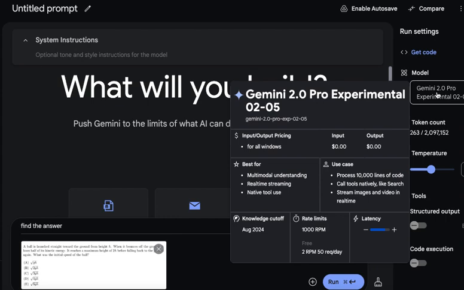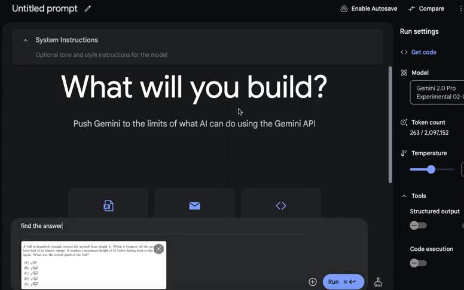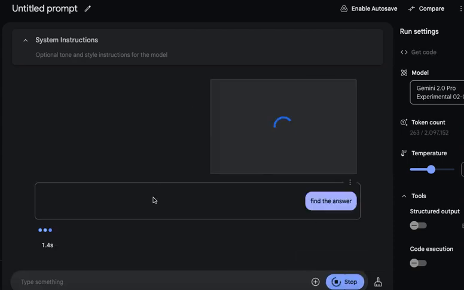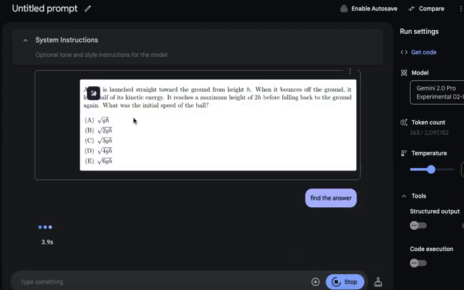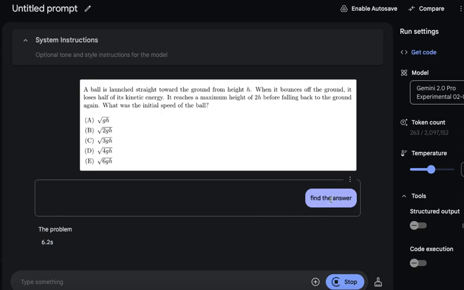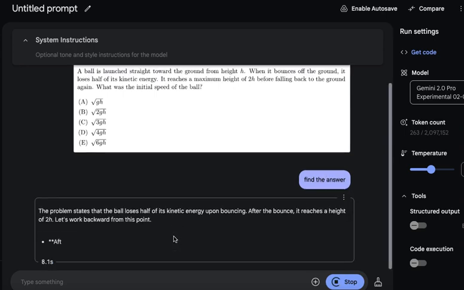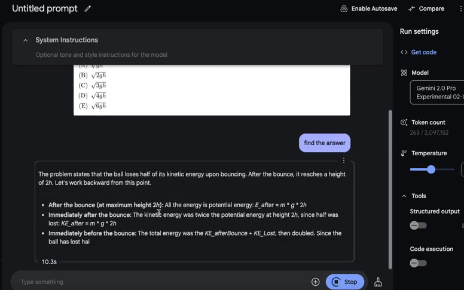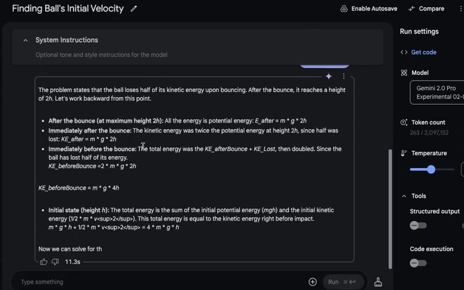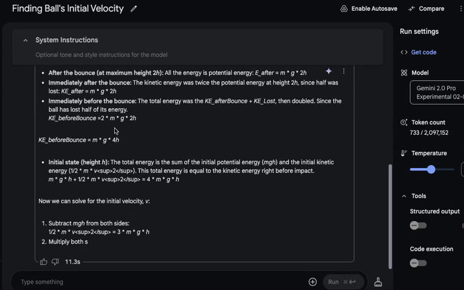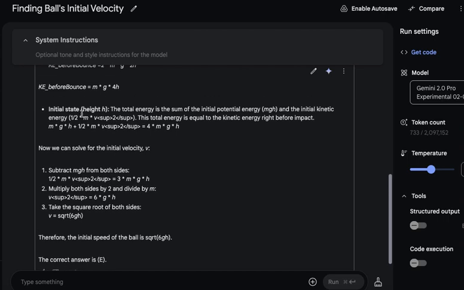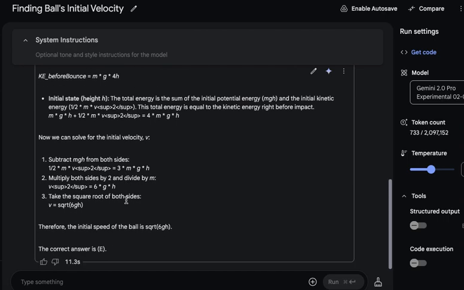Next, Gemini 2.0 Pro experimental, and let's find the answer for this F equals MA physics challenge. In the process, it's heading the right way. It takes only 11 seconds. It's quick.